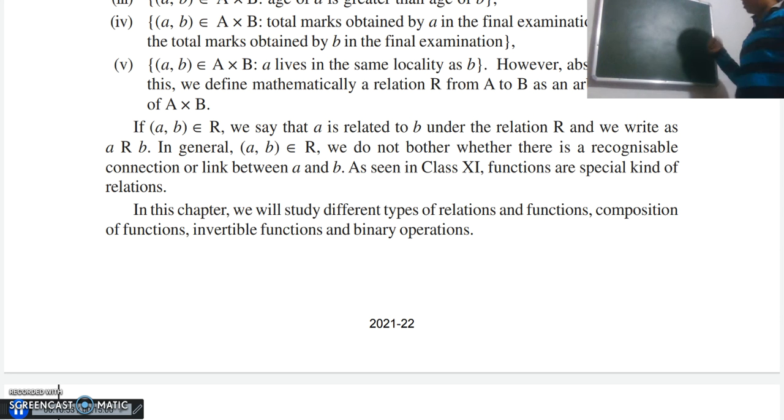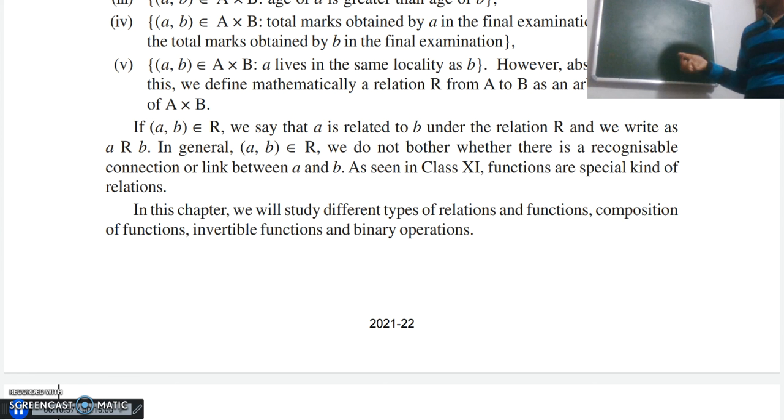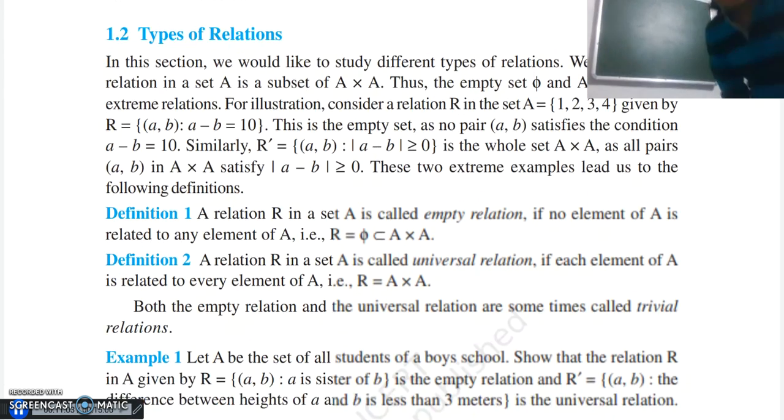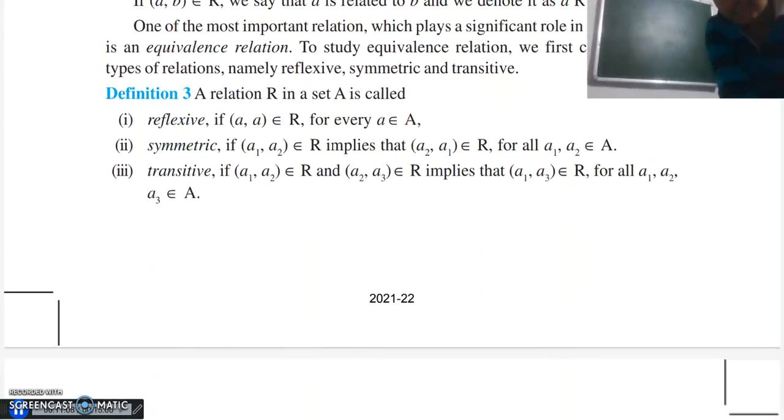Okay. So in these three things, you will now be able to easily understand that an ordered pair is necessary. So these were the three types of relation: reflexive, symmetric and transitive.